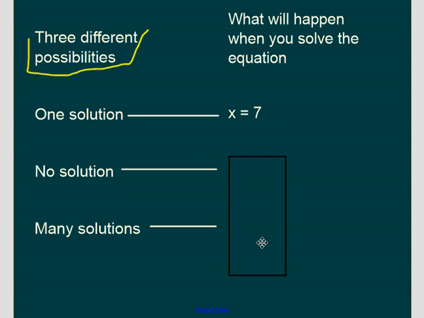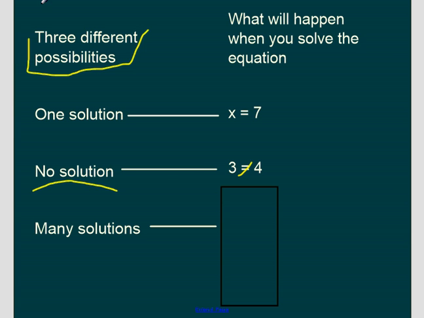Now, if you have an equation that has no solution, you're going to end up seeing something like 3 equals 4. Well, we clearly know that 3 does not equal 4. So if you're solving an equation and you end up with two numbers that clearly don't equal each other, you know that there is no solution to this equation.